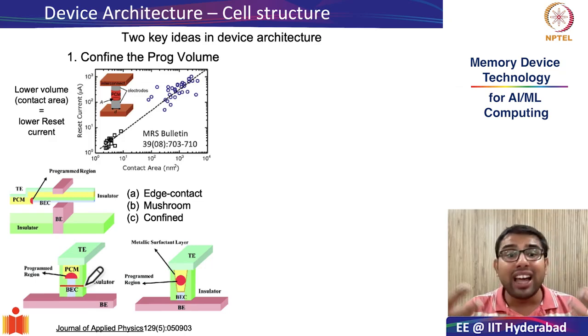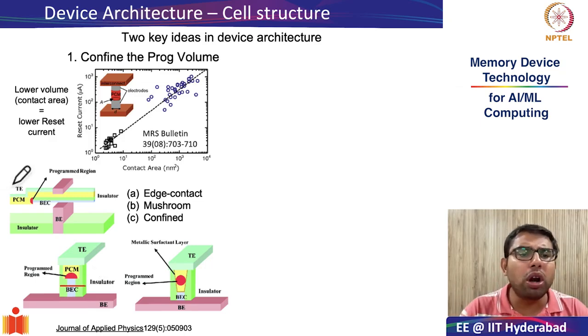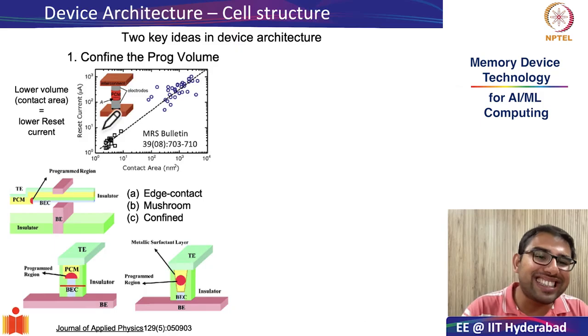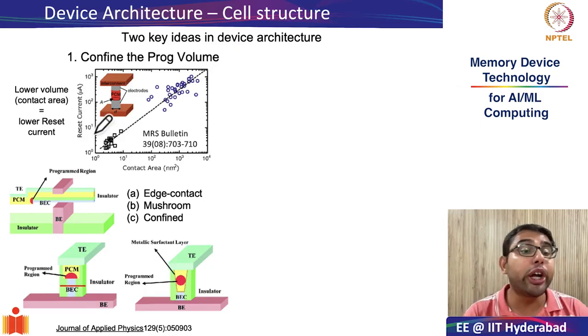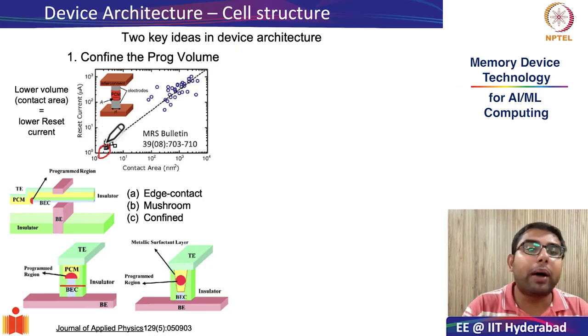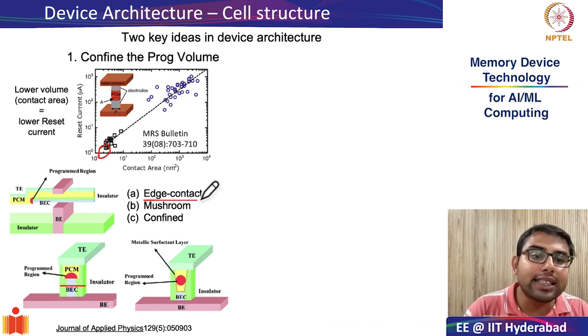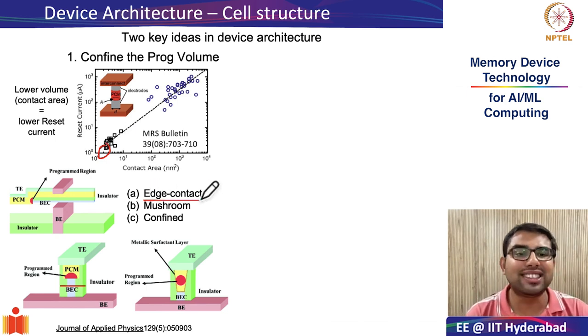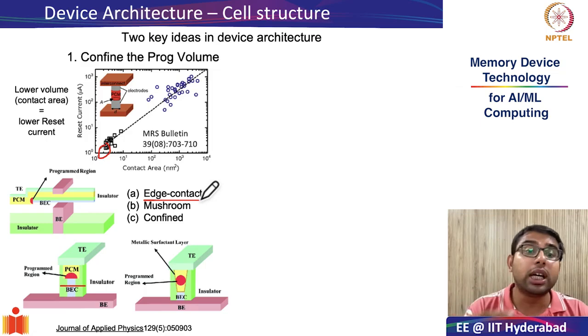And several research demonstrations have shown incredibly small reset currents, even going to 1 or 2 microamperes, by reducing the contact area drastically using this edge contact method. You can go and search the literature, a lot of interesting papers, even using carbon nanotubes.